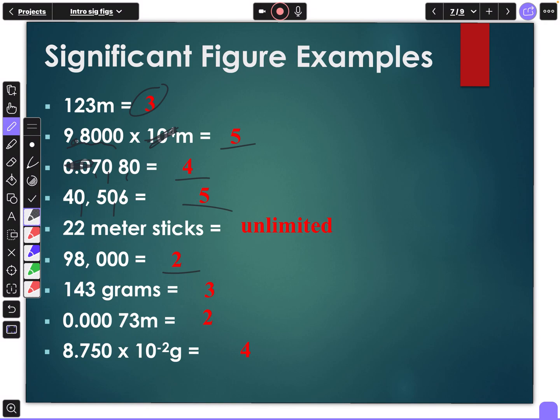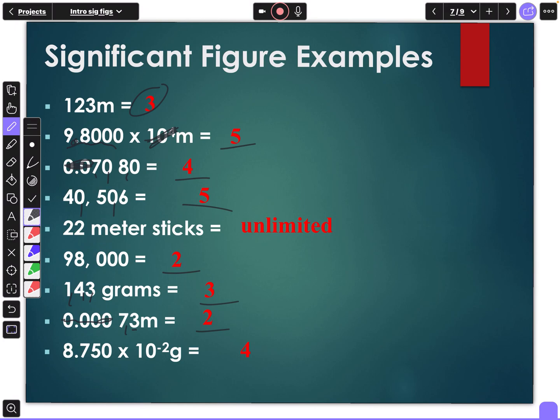Next, 143 grams. Each one of these numbers is non-zero. So that would be 3 significant figures. And then this next to the last example, I know the 7 and 3 are significant, but I look at the first zeros. They are leading zeros. They come before non-zero numbers, so they are not significant, so that would only be 2 significant figures.